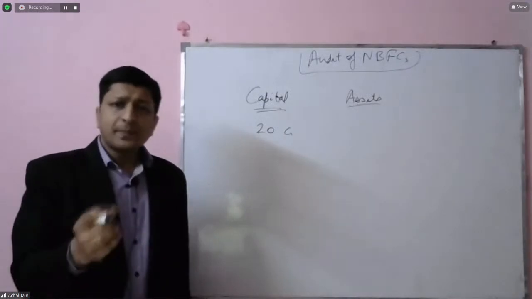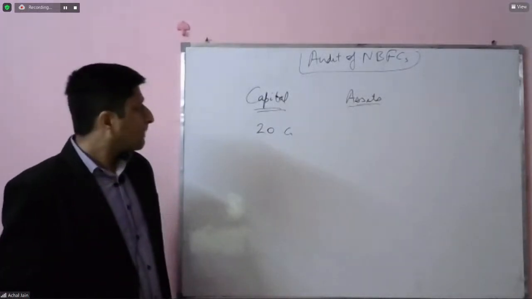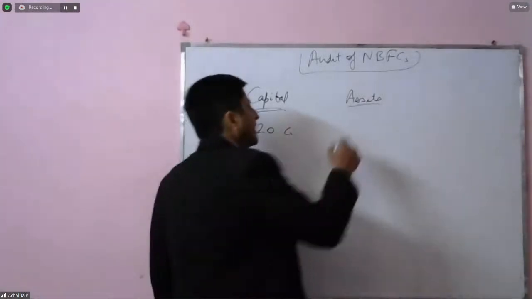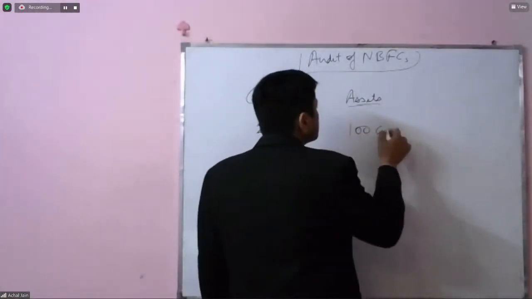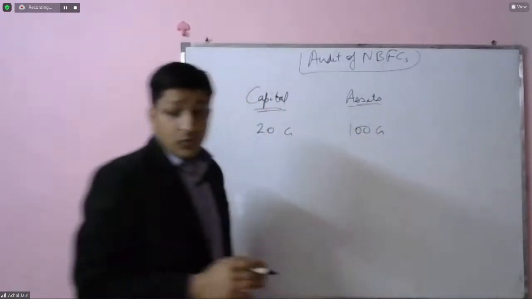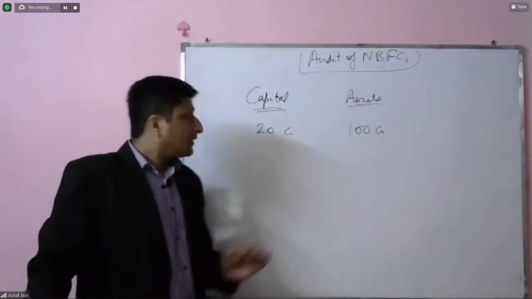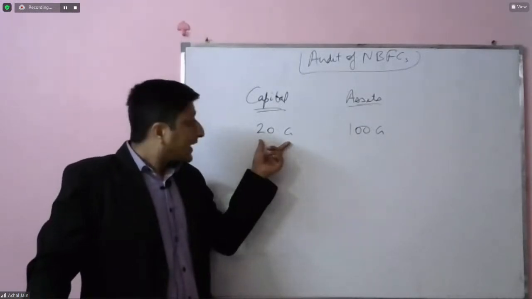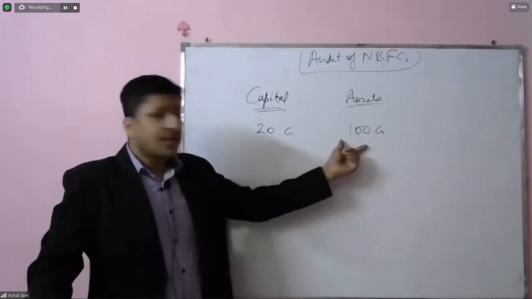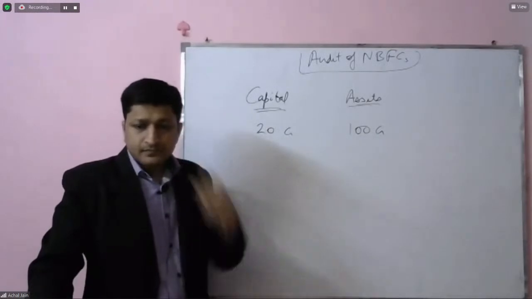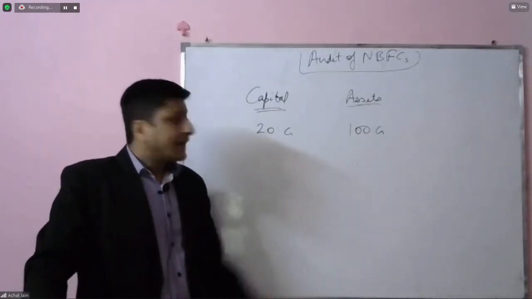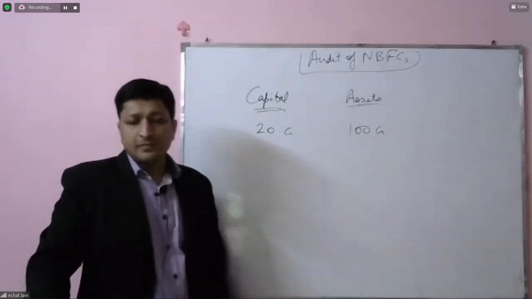Now, in simple terms, let's suppose assets of the NBFC are 100 crore. We are trying to check what is the percentage of the capital in terms of its coverage against assets, or what is the proportion of the capital in relation to the assets of the NBFC.